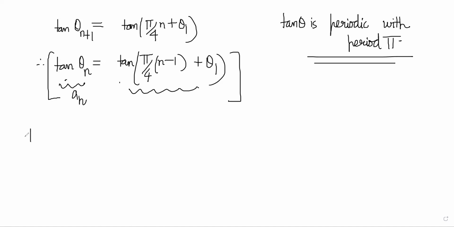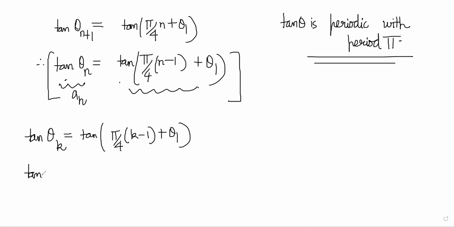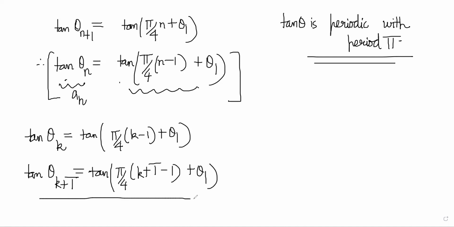So what we can say is tan theta k should be equal to tan of pi by 4 times k minus 1 plus theta 1. And let's say it is the same as tan theta k plus t. That should be equal to tan of pi by 4 times k plus t minus 1 plus theta 1, right? Since a_n is tan theta n, if the a_n sequence is periodic, these two must always be equal for any value of k, right? So when will these two be equal? When is this tan equal to this tan?